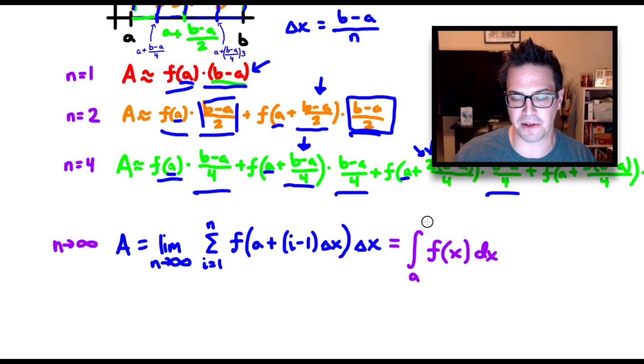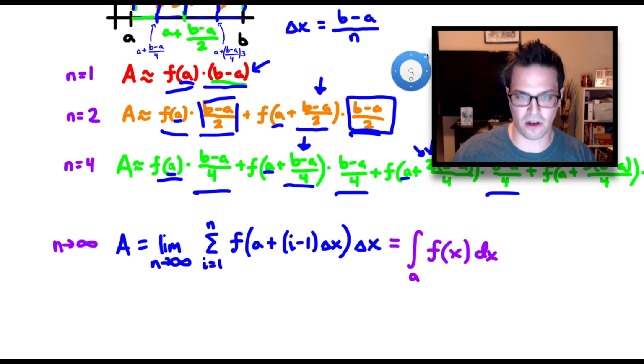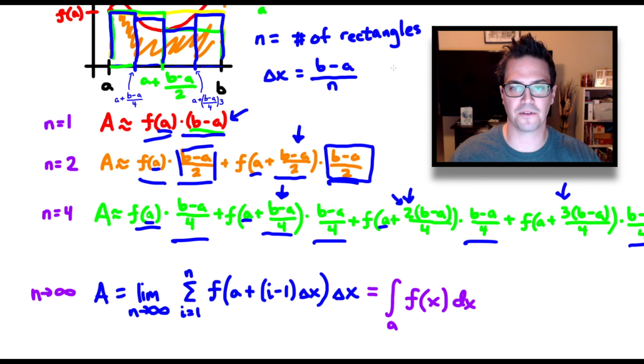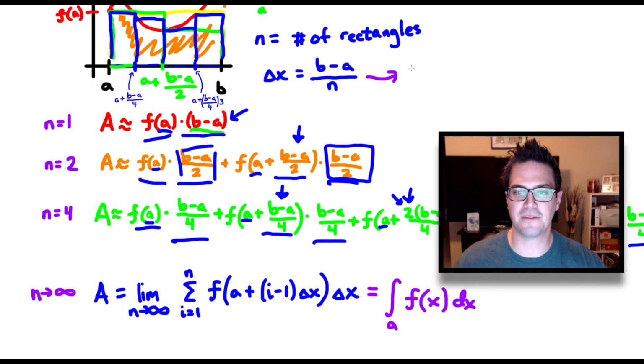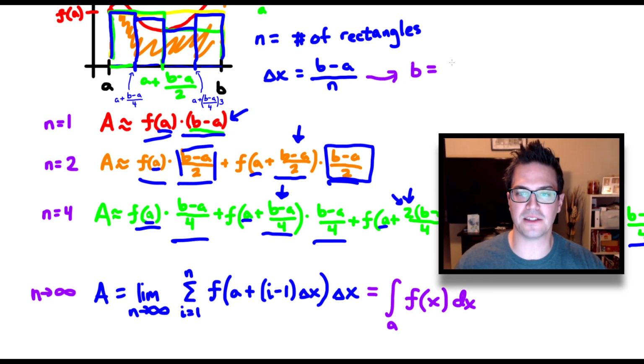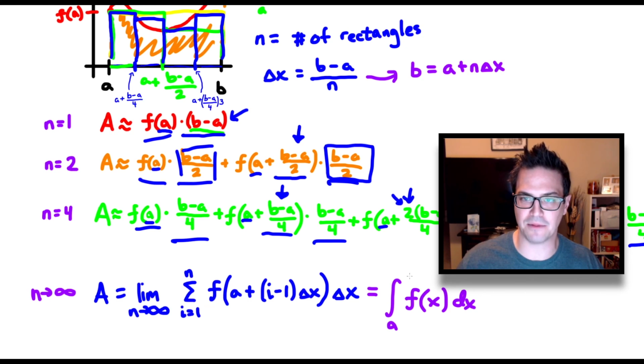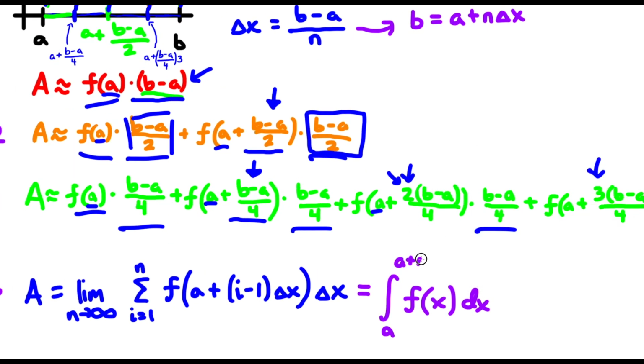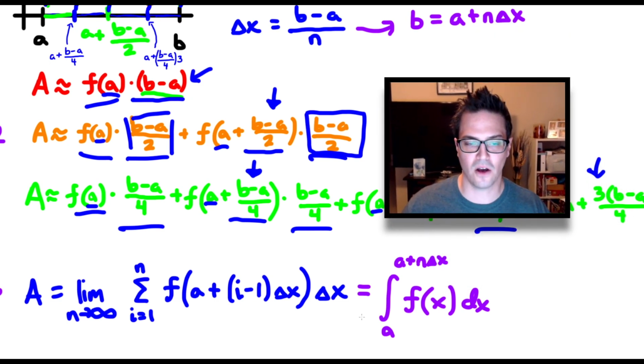Let me get rid of this b really quick. I'm going to solve for b up here, and if you solve for b, you get b is equal to a plus n times delta x. So instead of having a b there, I'm just going to write a plus n delta x. Okay, and there you have it.